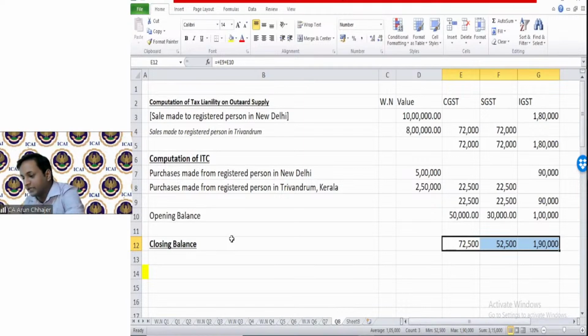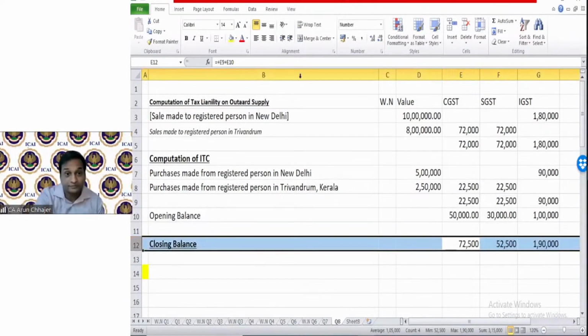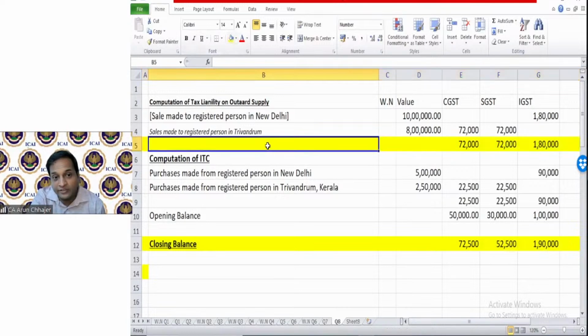Now please calculate and tell me which head I need to pay in cash. This has now become important. You have to calculate and tell me under which head I have to pay the cash. Giving you 2 minutes. This much is the liability and the bottom is my ITC closing balance.